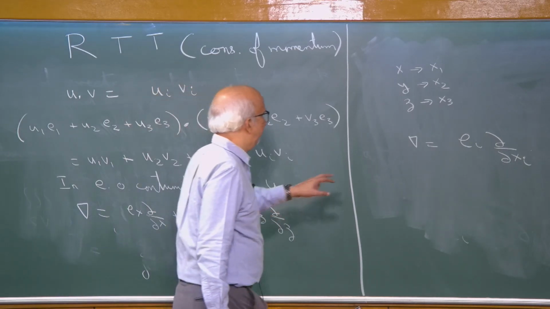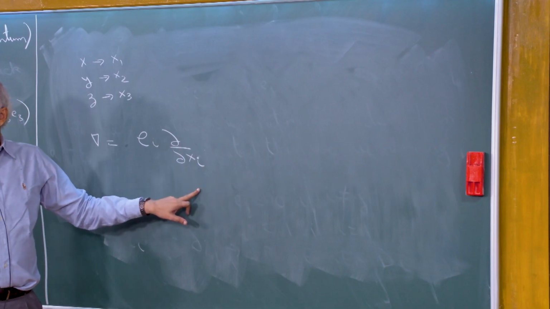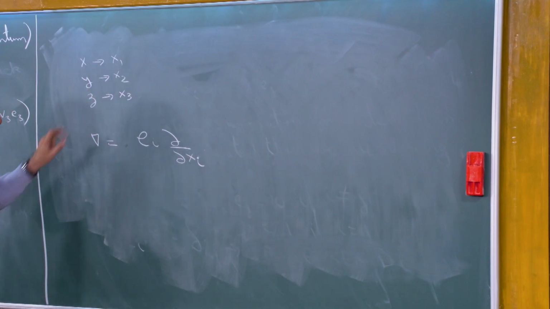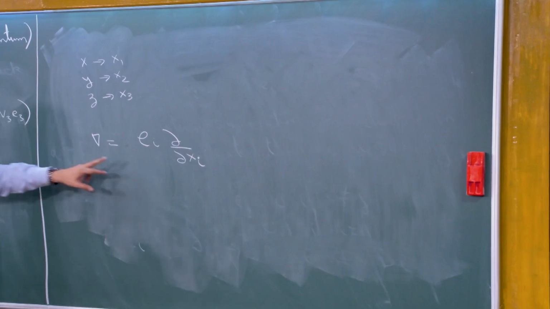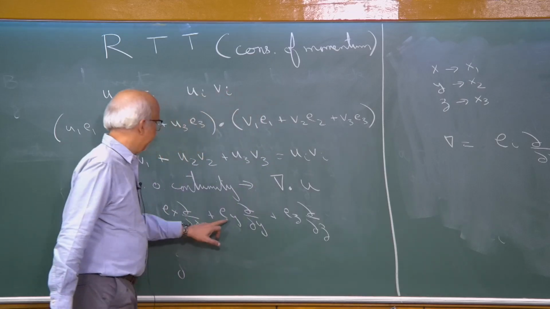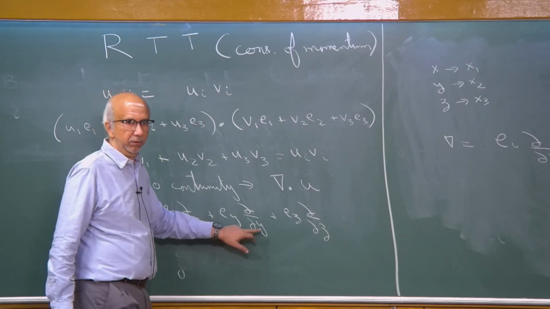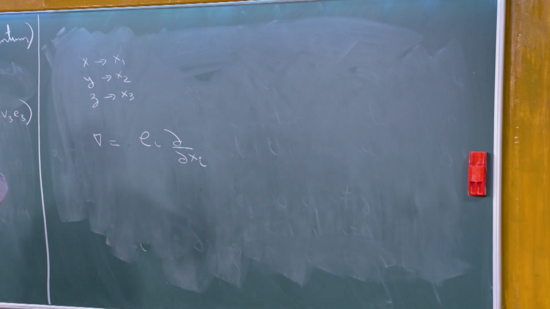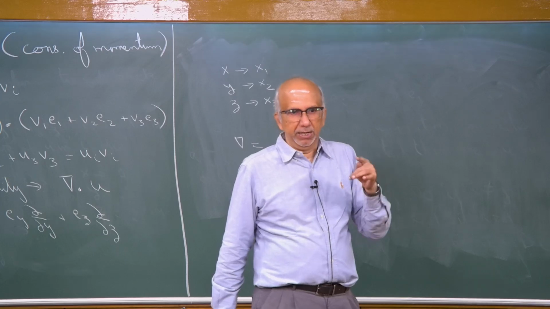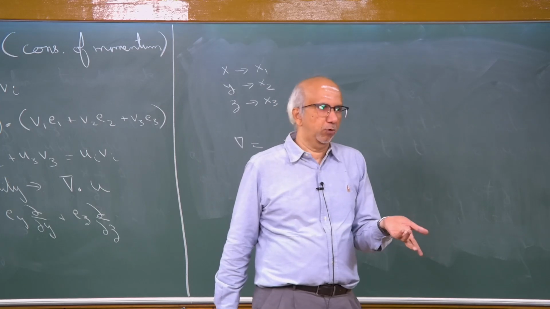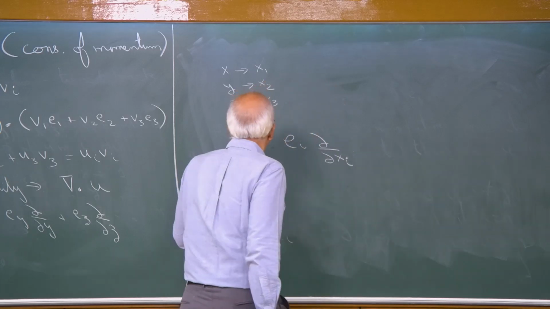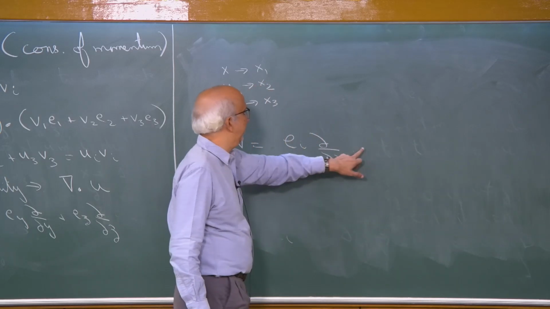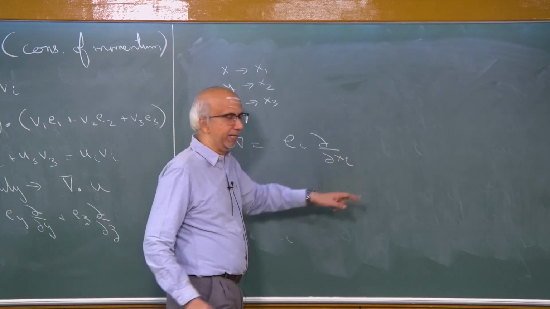So I have E1 d by dx1, where x1 is x, Ex d by dx, E2 d by dx2, that is Ey d by dy. You just have to start thinking in terms of x1, x2, x3, not x, y, z, because tomorrow x1, x2, x3 can be r, theta, z in cylindrical coordinates, or r, theta, phi in spherical coordinates. And E3 d by dx3, what is that?